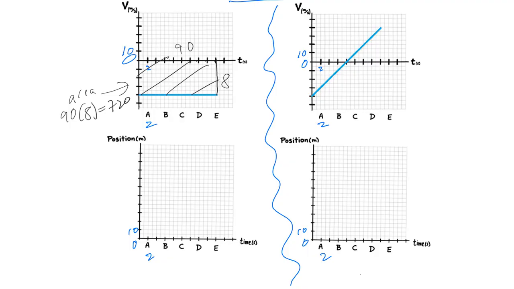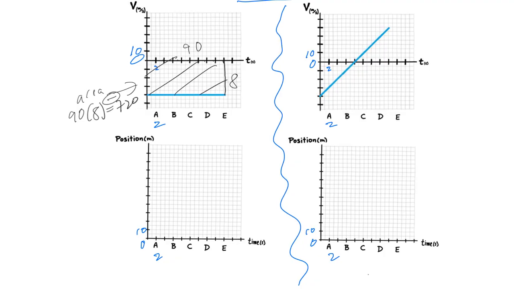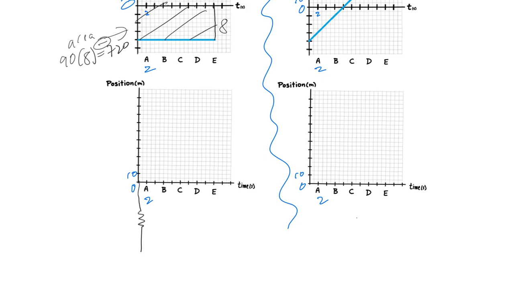Okay, so it's going to end up as 720. Now this is a negative area, right? Okay, so I don't really know what its speed is. I'm going to have to just add on all this negative value. And so 720, by the time you get to E, 720 would be way down here.